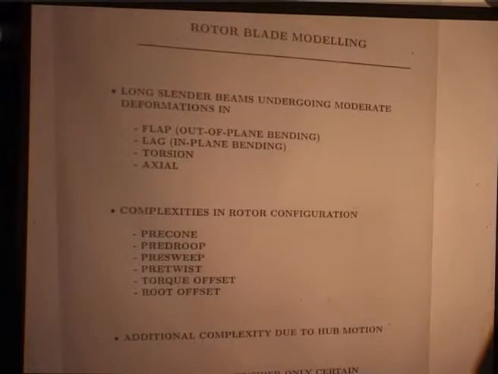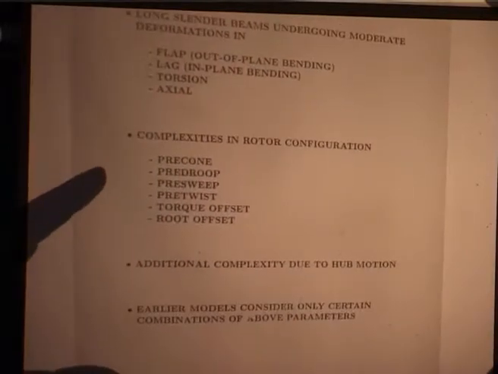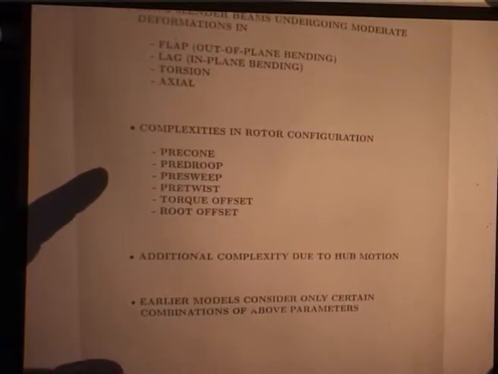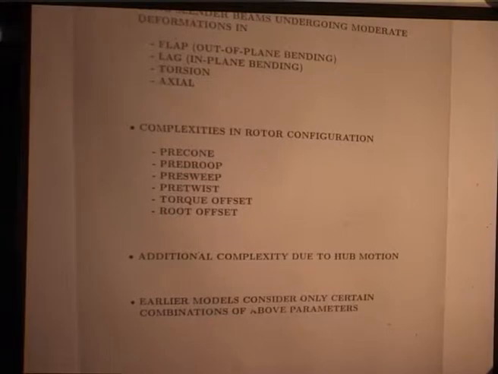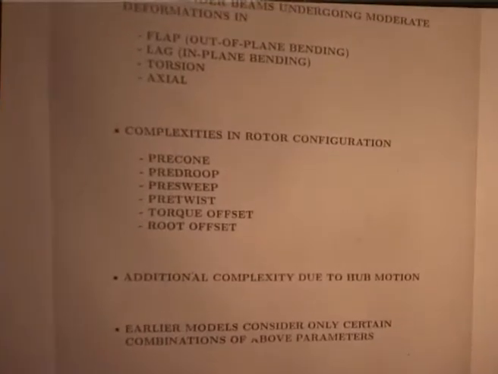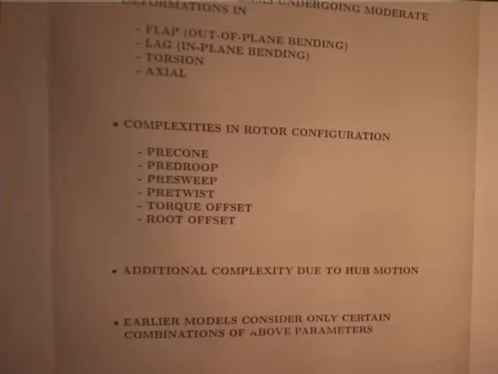Now, you need to take all this, and of course, additional complexity is if the hub itself is moving. Hub fixed is one case; suppose the hub moves, in addition the blade is moving, then the problem becomes more complex.